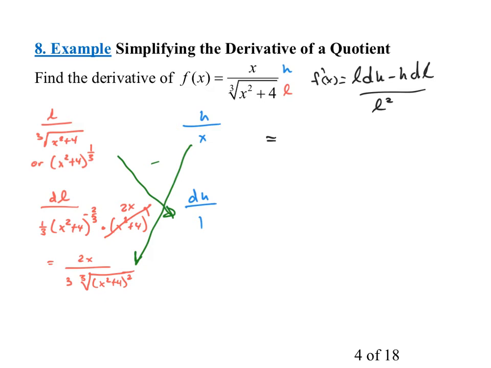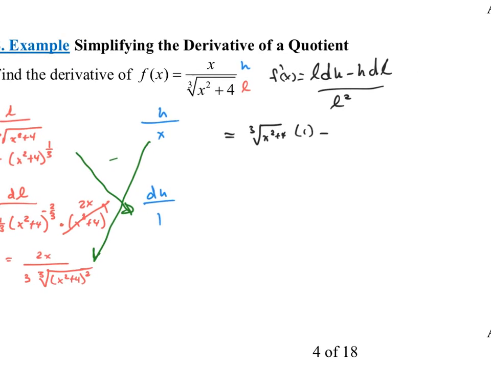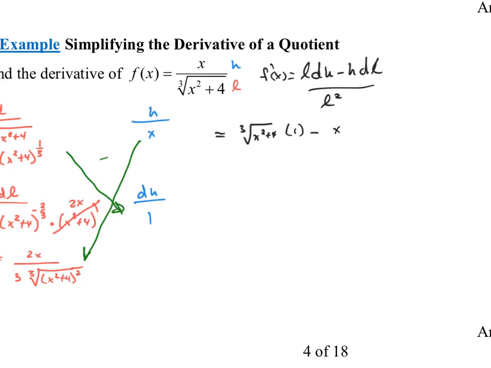So let's plug that in. Low, the low function was the cube root of x squared plus 4. Derivative of the high was simply a 1. Minus the high function, x, times the derivative of the low.